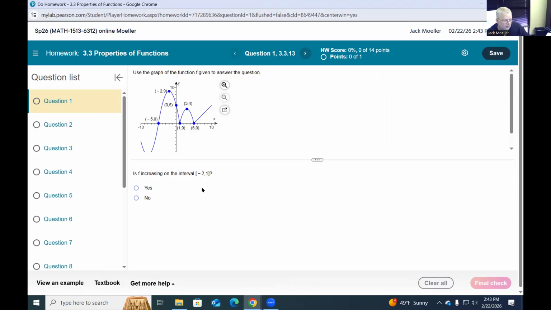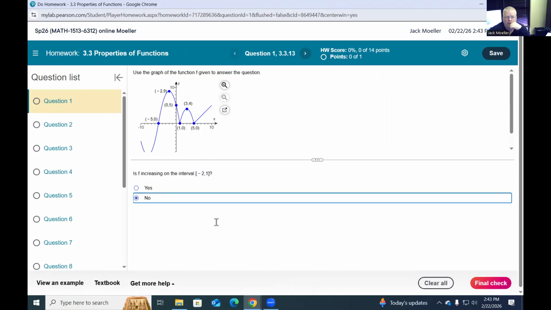Sometimes that goes the other way. But let's ignore the brackets and the parentheses. Let's just look at the interval. So this is saying from x equals -2 to x equals 1. So x equals -2 is here. X equals 1 is here. So what is that graph doing from -2 to 1? On the x-axis, it is decreasing. So it is not increasing.